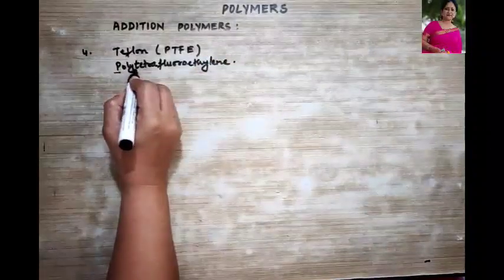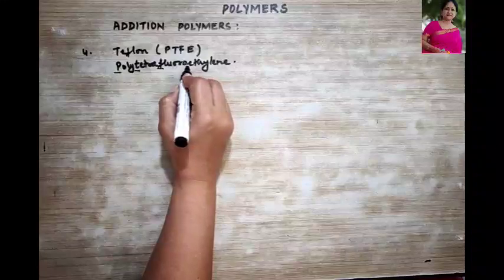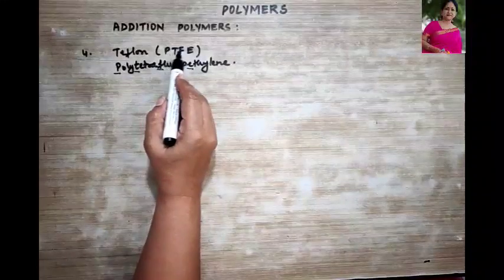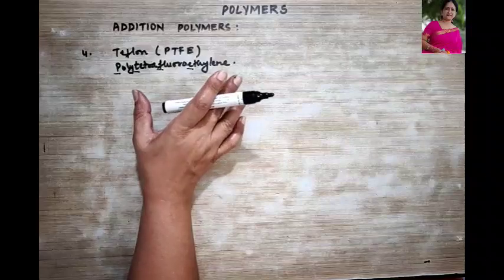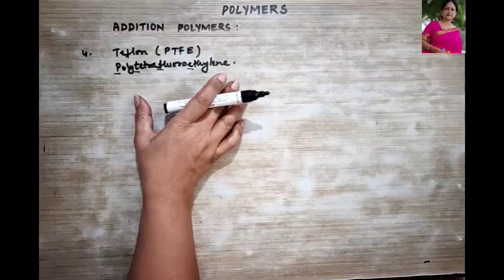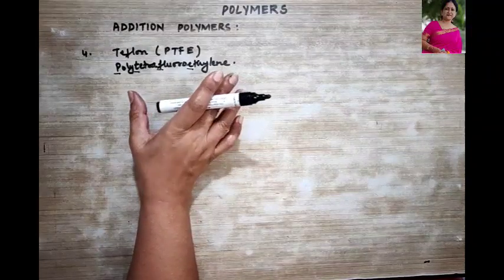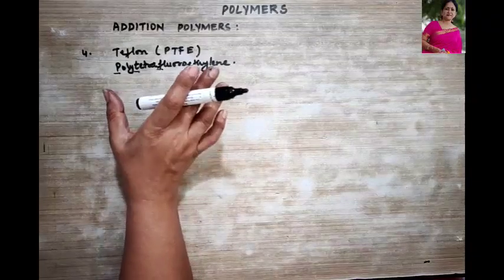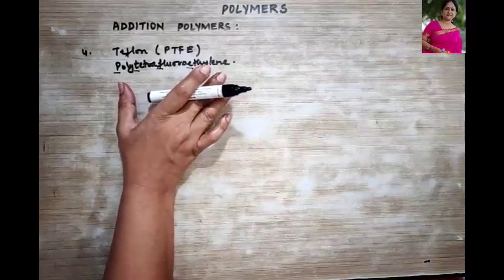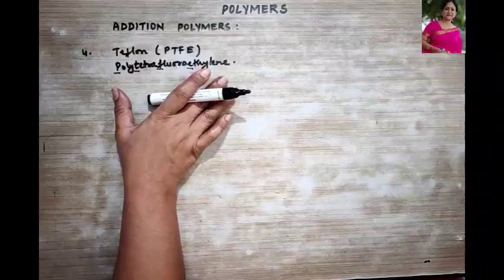Okay, polytetrafluoroethylene gives the name PTFE. And these polymers, they are polymers of halogen substituted alkenes.